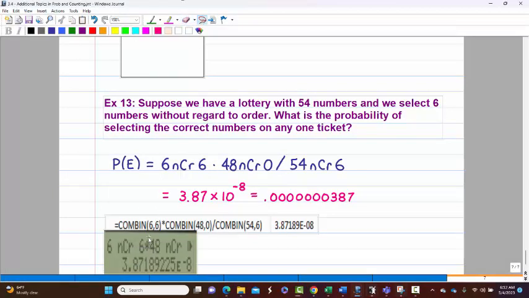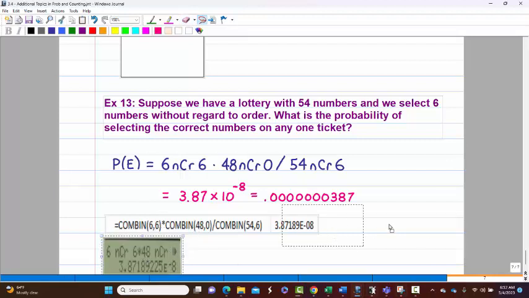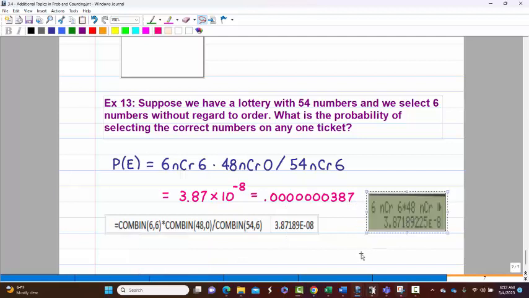But the fact that I matched the Excel answer means I have the numbers in there properly. So we see the arrow on the right means that's where the choose 0 would be, and then divide by the 54 choose 6.